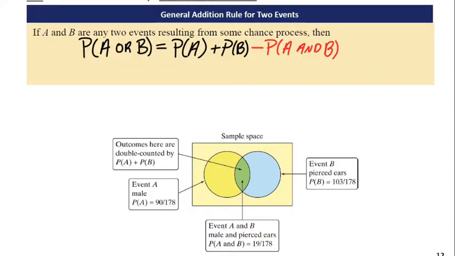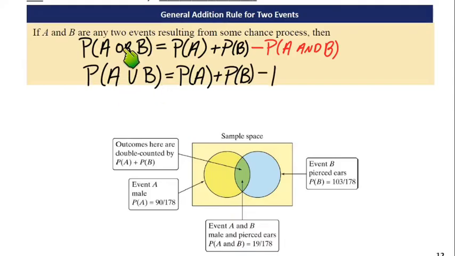And if we use the probability notation from the formula sheets, that would be the probability of A union B, which means the same thing as or, equals the probability of A plus the probability of B minus the probability of A intersection B. So this is how we write it with the actual probability notation, with union and intersection.